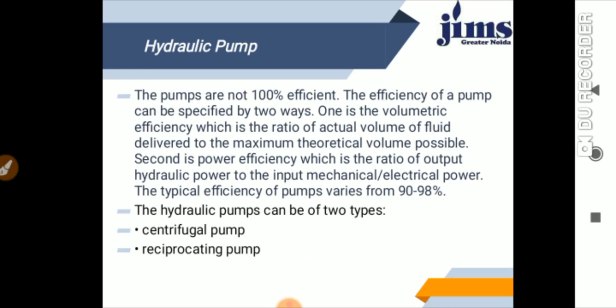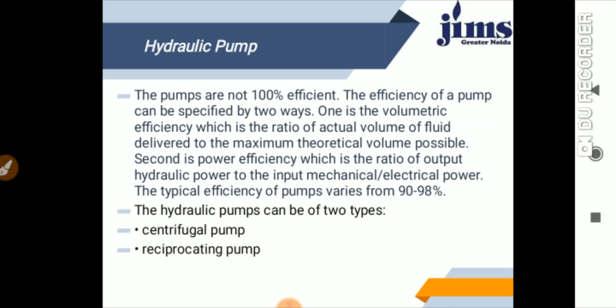Second is the power efficiency, which is the ratio of the output hydraulic power to the input mechanical or electrical power. The typical efficiency of a pump varies from 90 to 98%.